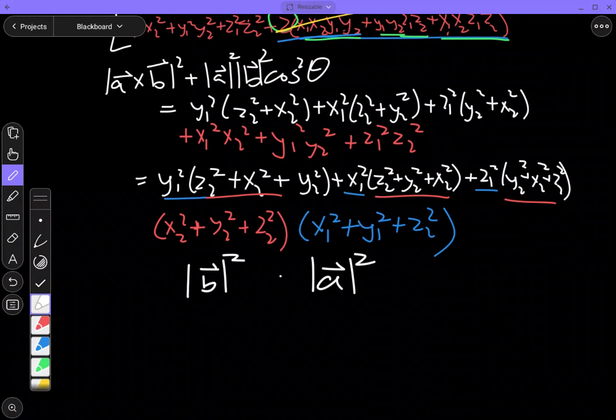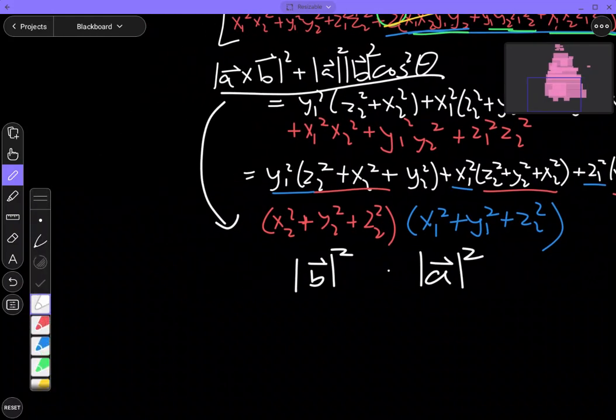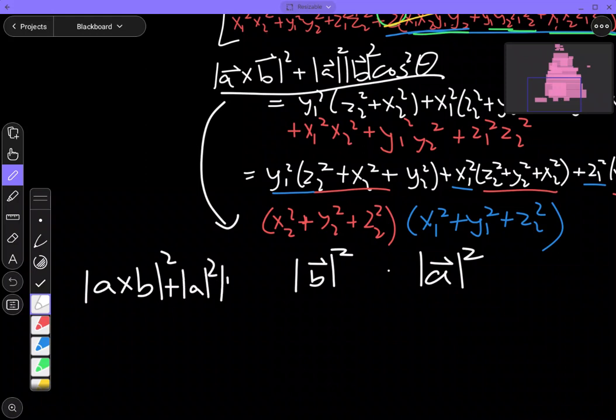So now let's bring our left-hand side back down. So we have the magnitude of the cross product squared plus a squared, b squared, cosine squared theta is equal to this.